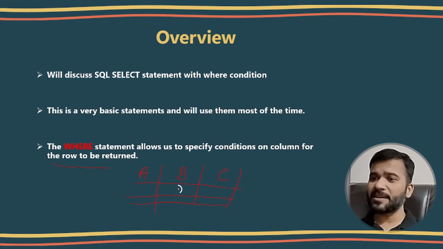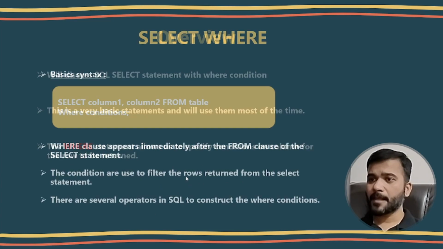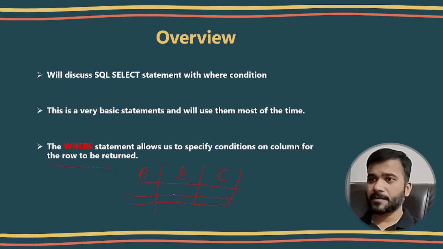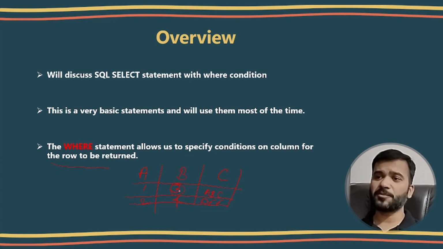Let's say in B column there are three values, and in A, B, C, and here D, E, F. Now you want only three values in the B column. In order to do that, you need to apply a where condition. In the coming slide, we will see how to use where conditions.